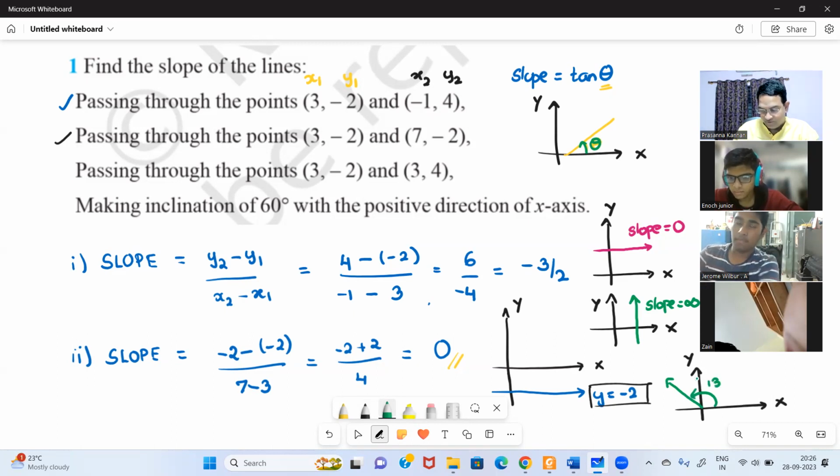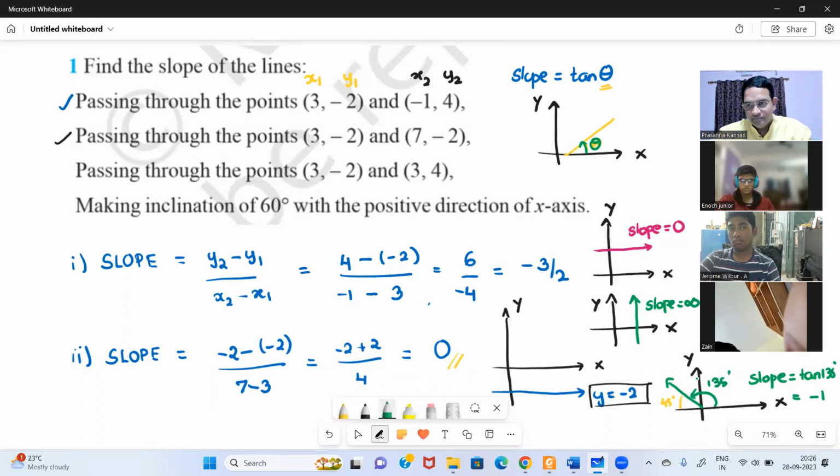For example, if this angle is 135 degrees, maybe this angle is 45 degrees, correct? But you'd call the slope based on the angle it makes with positive x-axis. So it is tan 135. Tan 135 will be minus 1. Is it clear? Yes, sir. So it's always the angle that is taken with respect to the positive x-axis. Sorry, positive x-axis.